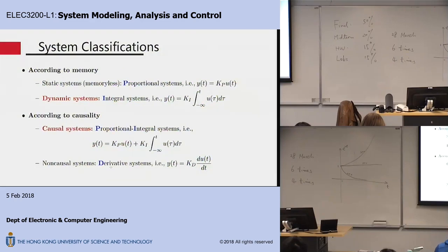So these are classified according to whether you have memory. Another way is according to the so-called causality. So what do you mean by causality? A system is said to be causal if the output value at a given time does not depend on the future input.